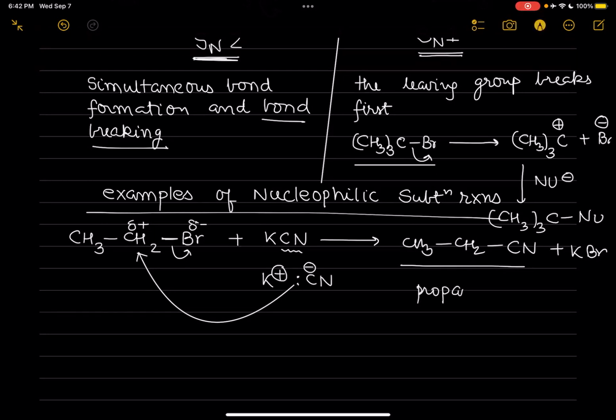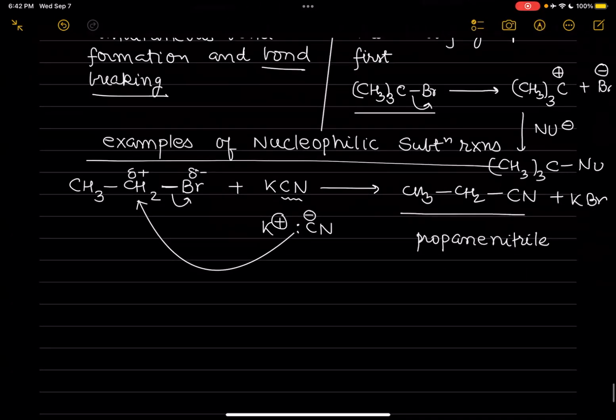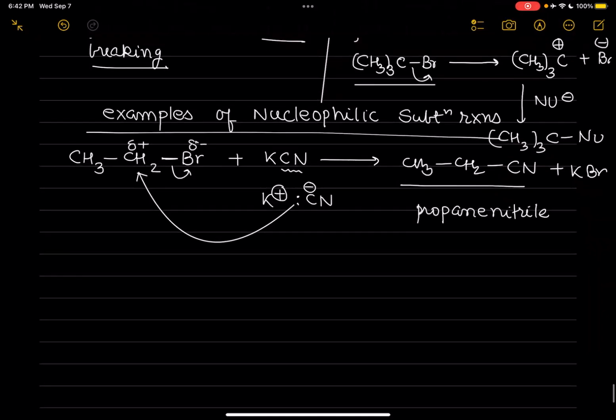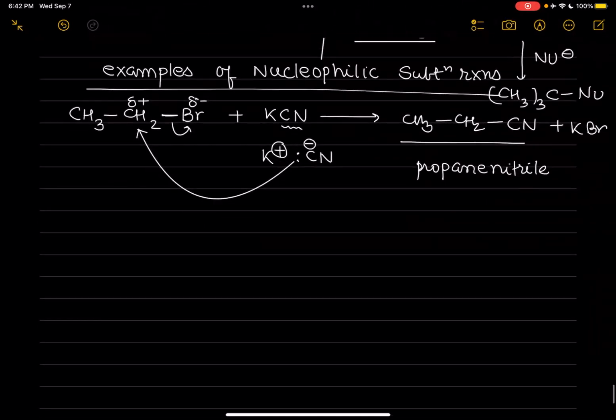So propane, there is no double bond. And CN, this triple bond N, is known as nitrile. So this is propane nitrile, right? Okay, yeah. So what will happen?